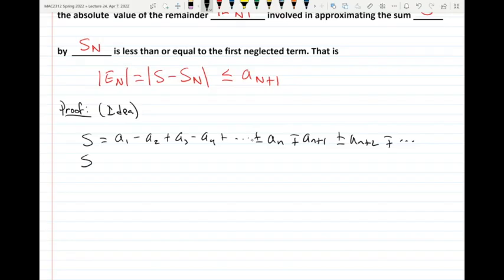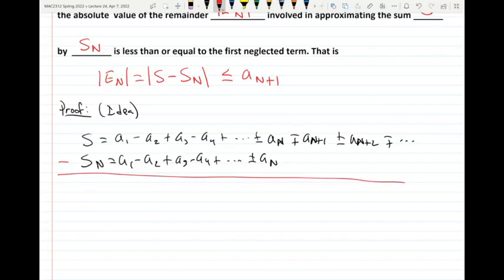However, our S_N, I'm using capital N, so let me put capital N. So our S_N, what's S_N? It's just up to here, right? A1 minus A2 plus A3 minus A4, all the way up to our AN. That's what S_N is. If I now subtract, what's going to happen? The error, which is S minus S_N, what is this equal to?